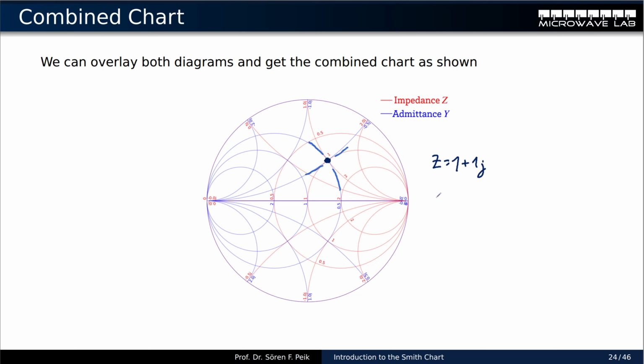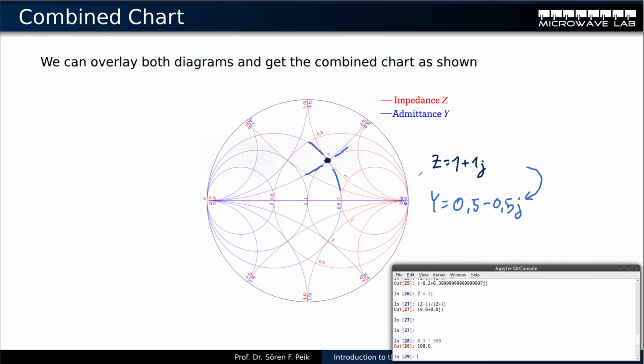The circle is 0.5, so the real part of my y value is 0.5, and the imaginary part is minus 0.5. So without doing any calculation, I can find from the z value my y value and vice versa. Just putting on the red goggles gives you the impedance part. Putting on the blue goggles gives you the admittance value.